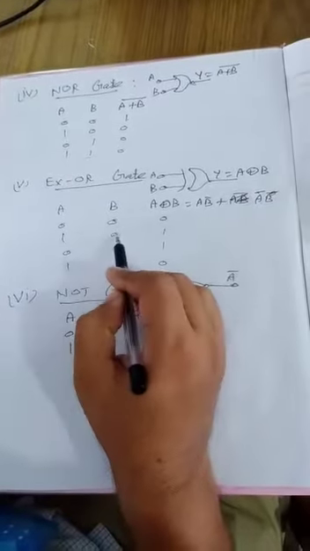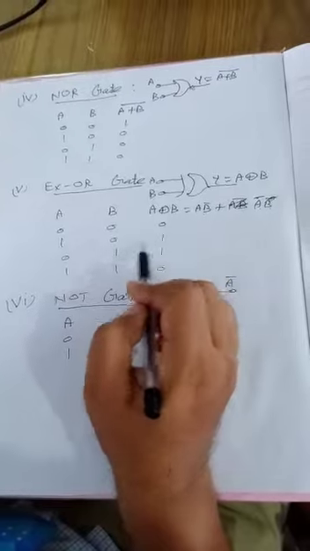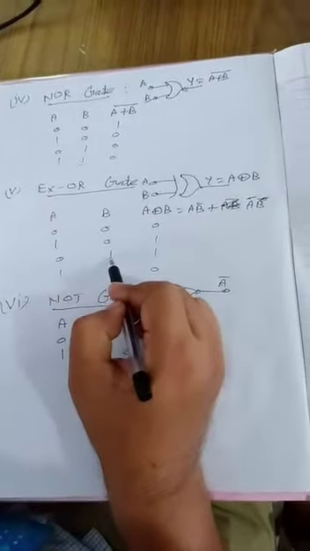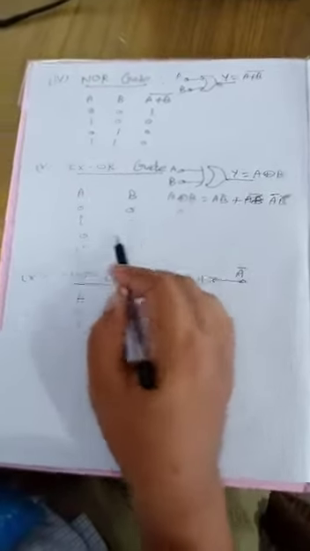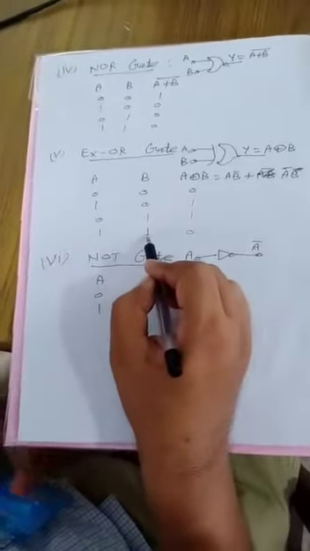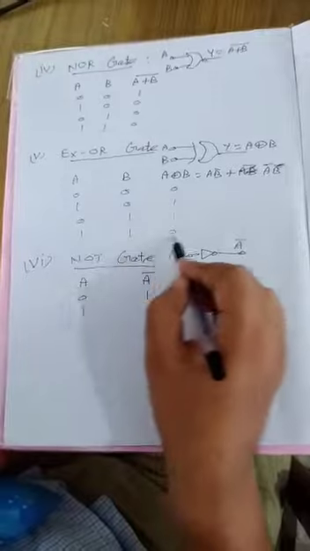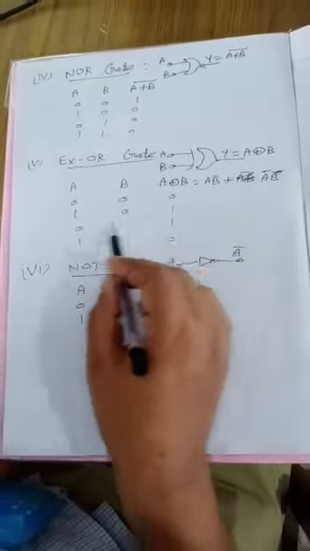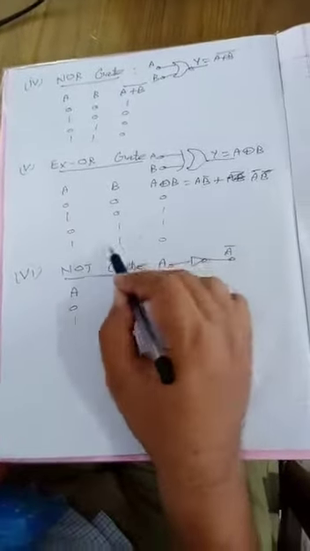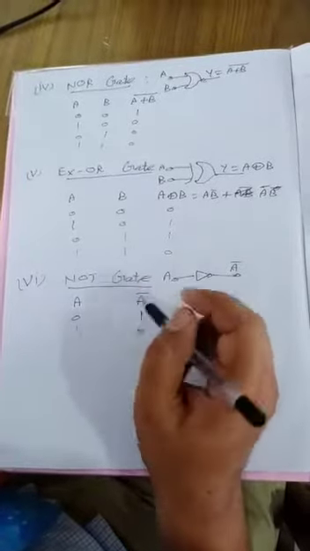When A is 1, B is 0, output is 1. When A is 0, B is 1, output is 1. But when both A and B are 1, output is 0. This condition is excluded from the OR gate. Therefore, the name of this gate is exclusive OR gate.